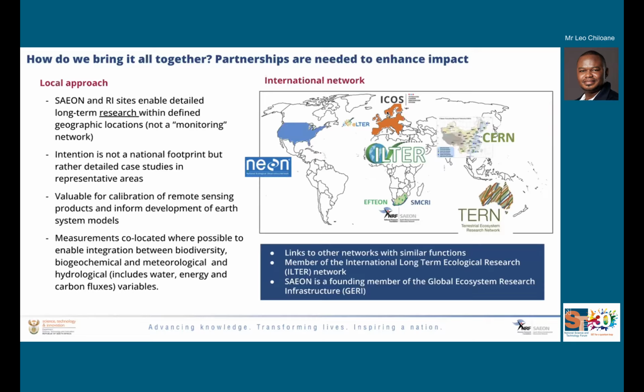It's the Integrated Carbon Observation System. And then there's the Terrestrial Ecosystem Research Network in Australia and the Chinese Ecological Research Network as well. And through these collaborations, we do try to standardize some of the work that we do.